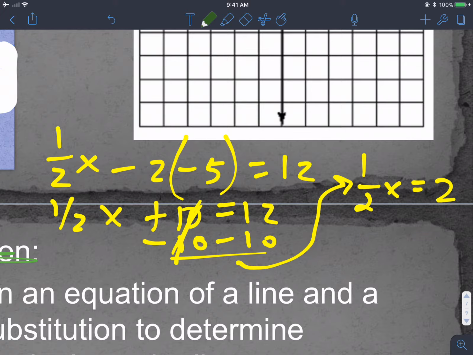In order to solve this one, think of it as x divided by 2. So do the opposite of division and multiply by 2, on both sides. So we're trying to work in the fractions.